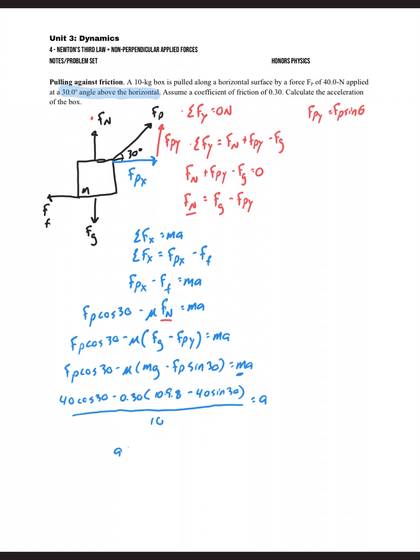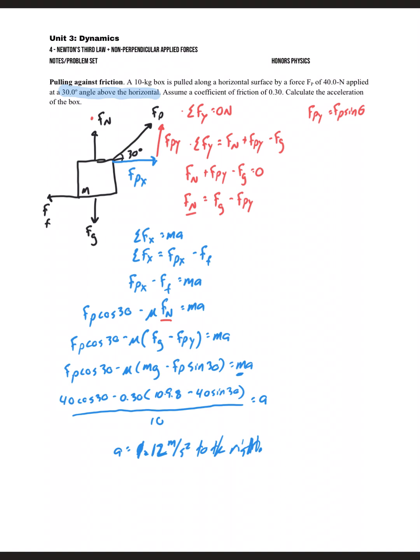And if we did everything right, hopefully we get something like 1.12 meters per second squared to the right. So once again, there's lots of math that you have to do, making sure everything goes and stays straight in that order.